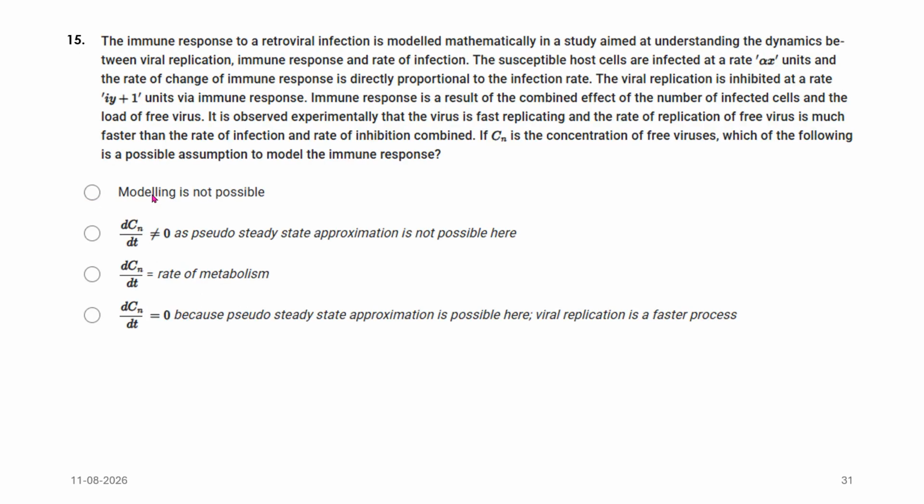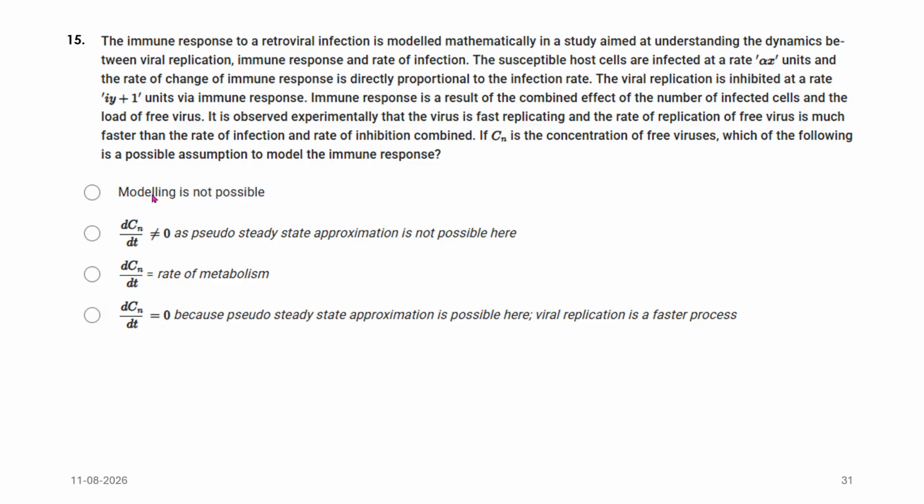The immune response to a retroviral infection is modeled mathematically in a study aimed at understanding the dynamics between viral replication, immune response, and rate of infection. The susceptible host cells are infected at a rate AX units, and the rate of change of immune response is directly proportional to the infection rate.